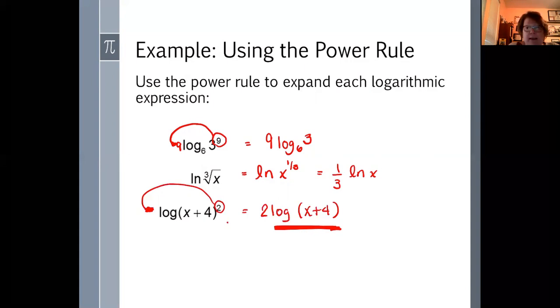There is no expansion for the logarithm of a sum. There is only an expansion for the log of a product, you have the product rule, or the log of a quotient, you have the quotient rule, or taking the exponent out of a logarithm using the power rule. There is no property for the log of a sum.